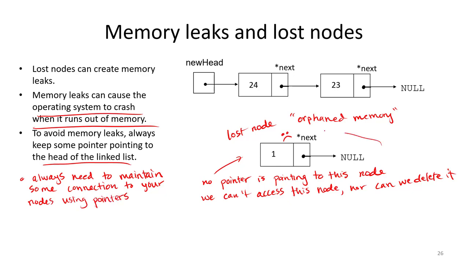Otherwise, you will end up with some lost nodes which can no longer be accessed, and they'll just be sitting there clogging up data until our program crashes or closes.